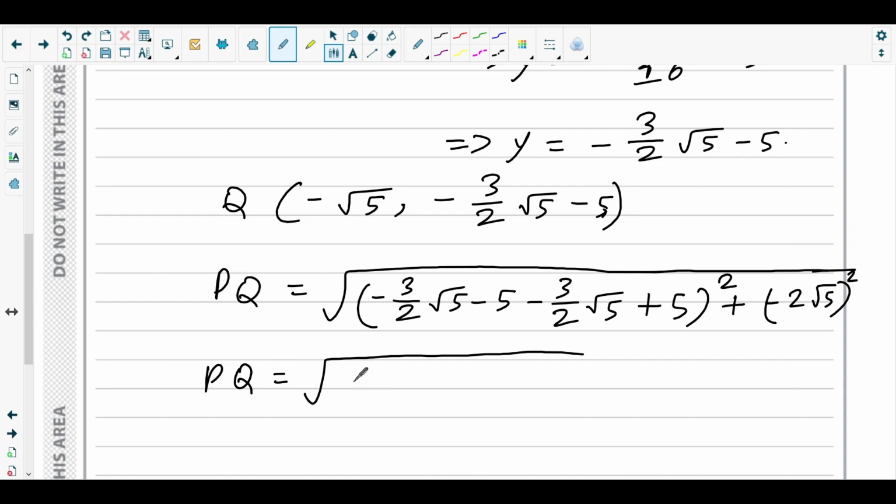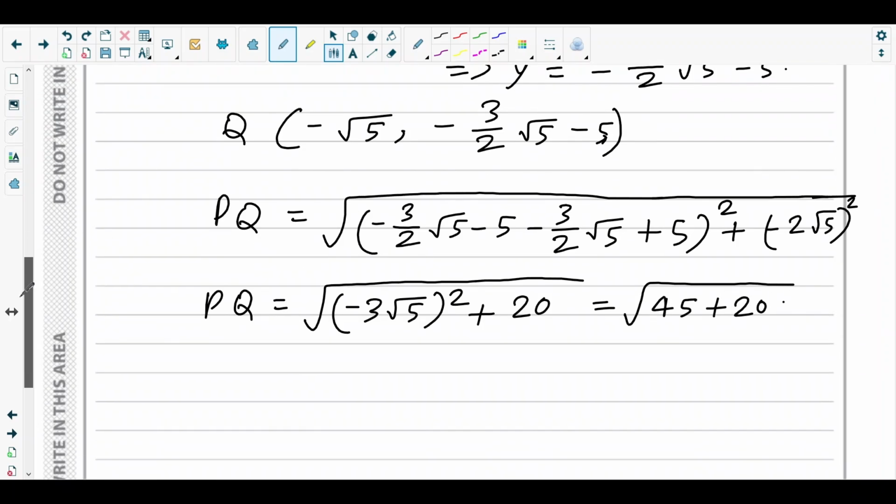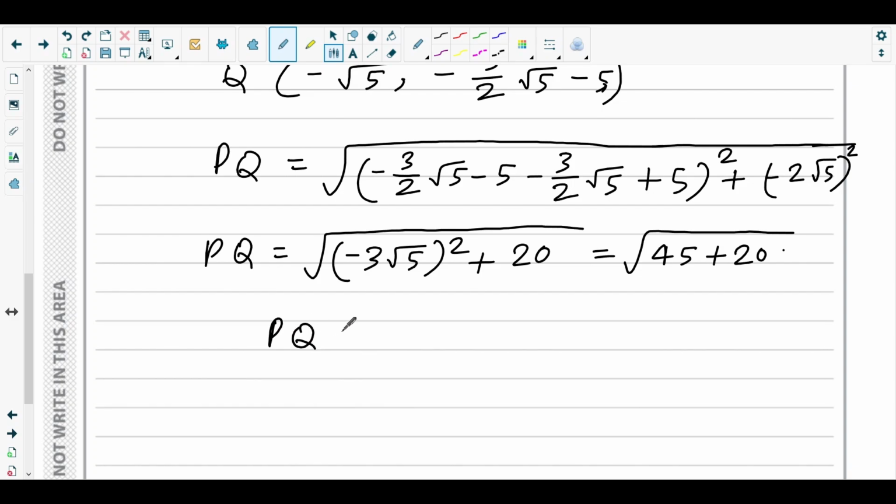So you will get negative 3 over 2 times 2, that would give you negative 3 square root of 5 whole squared, plus negative 2 squared is 4. 4 times 5 is 20. So that would give you square root of 9 times 5, which is 45, plus 20. So the distance of PQ, we got square root of 65.